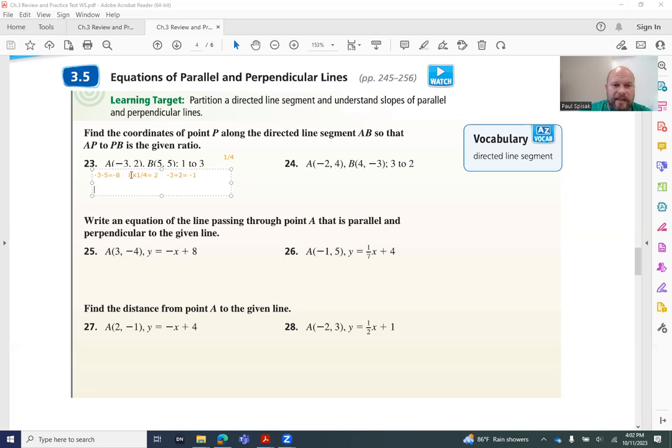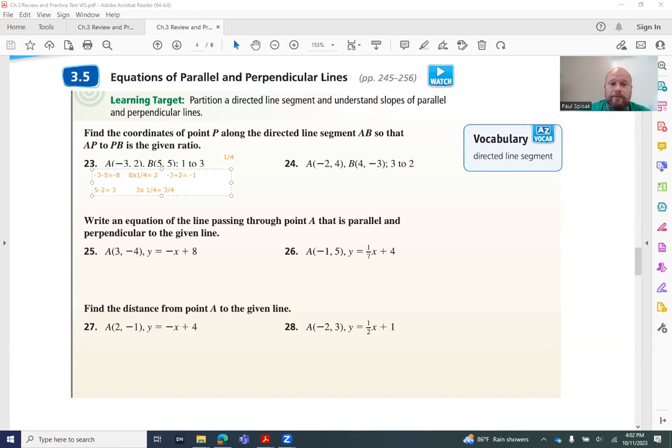Now we're going to do the same thing, but for the y's. So we need to figure out how far we moved for the y's. Well, we went from 2 to 5. So that's a difference of 3 spaces. Then after that, we're taking that 3 and multiplying it by that 1/4. And that's going to give us a difference of 3/4. We can't really reduce that.